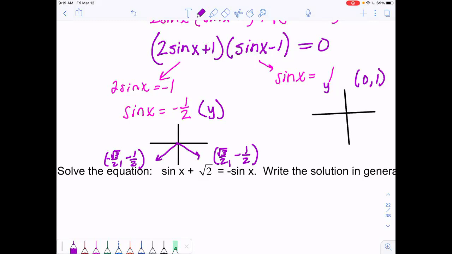Jeremy, what family of angles would we be working with if the sine is 1/2? Yeah, so we're looking at the pi/6 angles. So that's our family. So I want that pi/6 angle in the third quadrant, and then I want that pi/6 angle in the fourth quadrant.